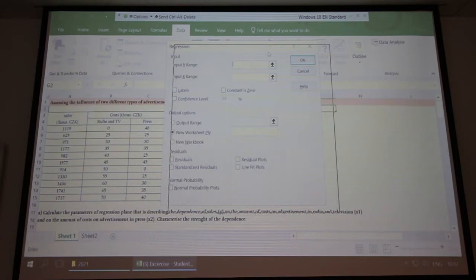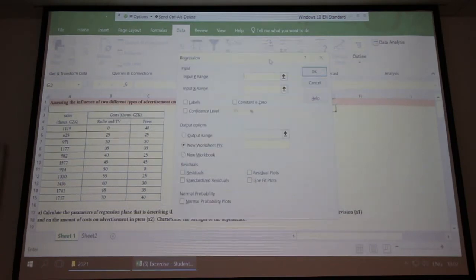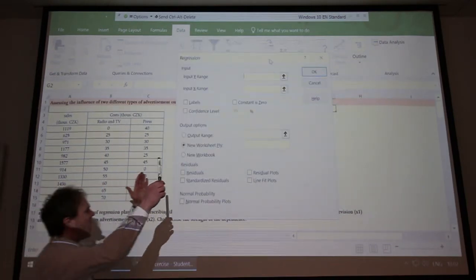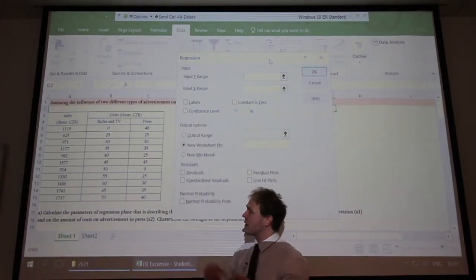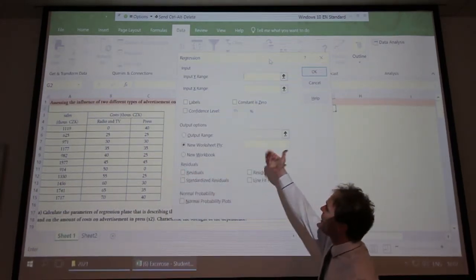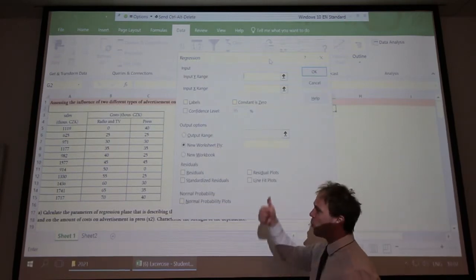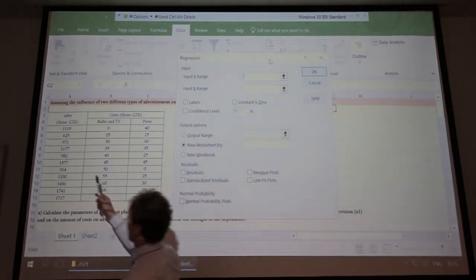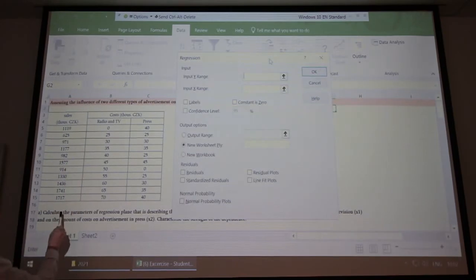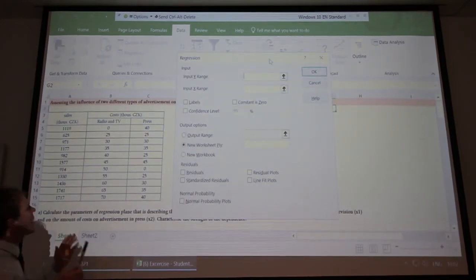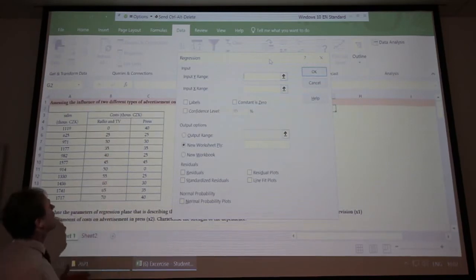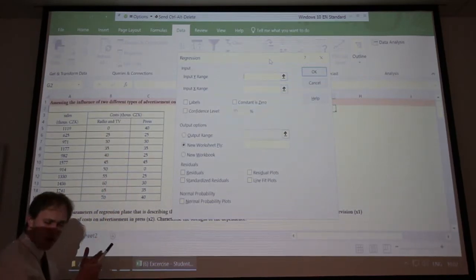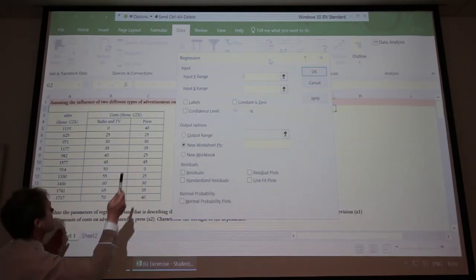OK. And now it's very easy. In the case of this regression plane, we are using one dependent variable. Input y range will be one column, sales. We would like to explain the sales by costs on advertisement in radio and television, and advertisement in press.